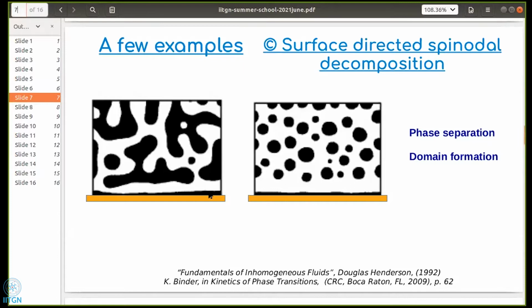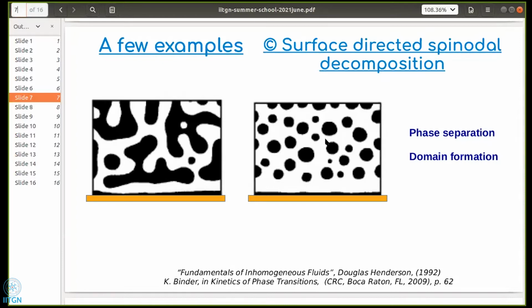Okay. So first of all, you get the formation of a layer of the black particles on top of the surface. And away from the surface, you have formation of the domains of the black particles and the white going on in the system. And this phenomenon is known as surface-directed spinodal decomposition.